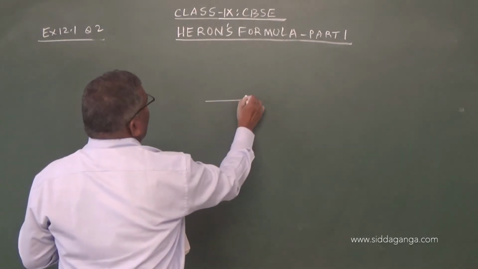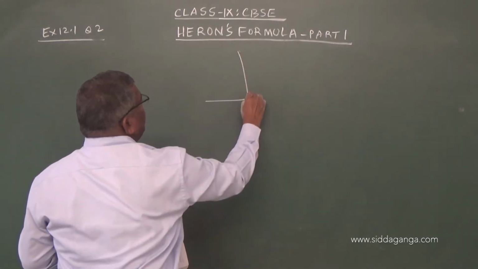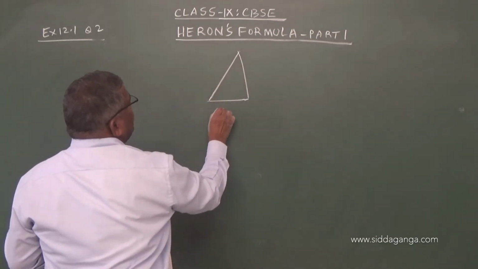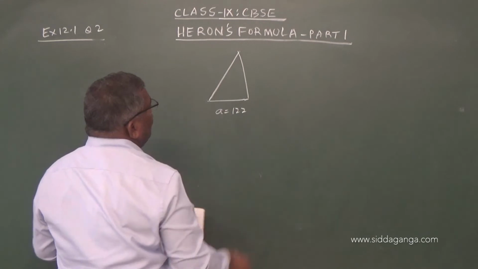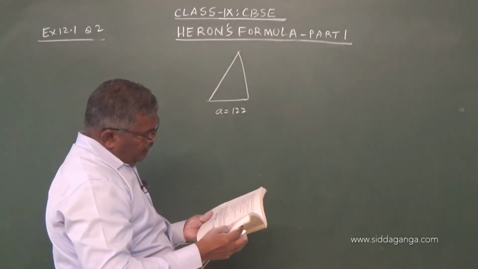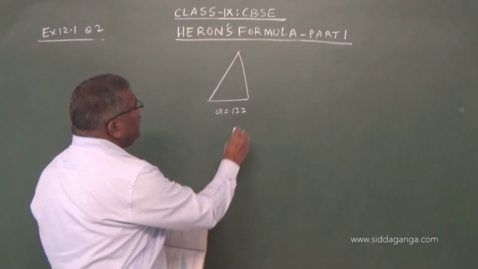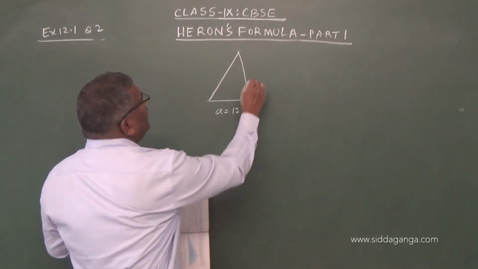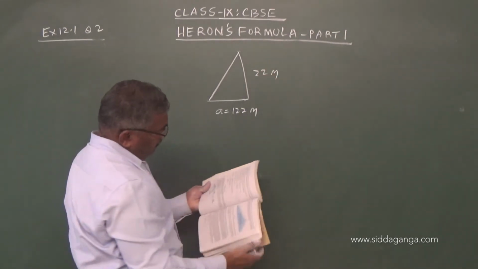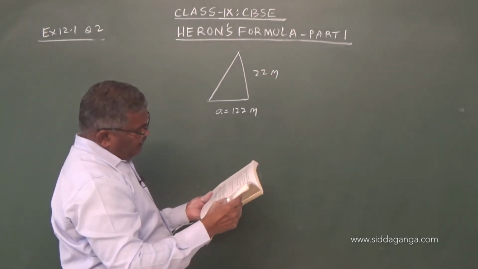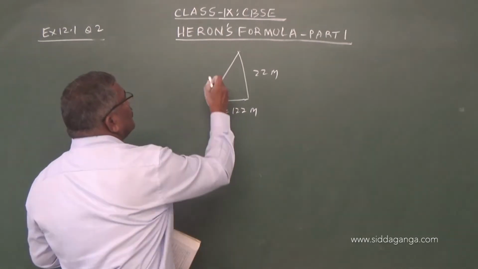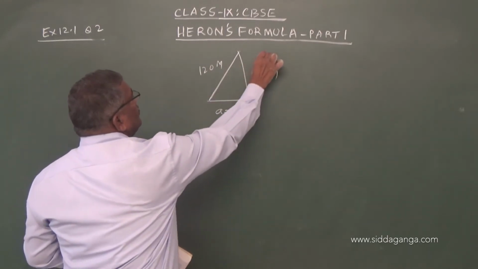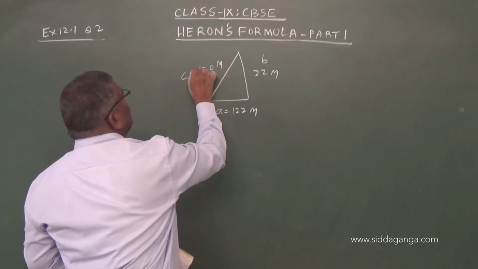You can just draw a triangle. And A equals 122 meter, B is 22 meter, C is 120 meter.